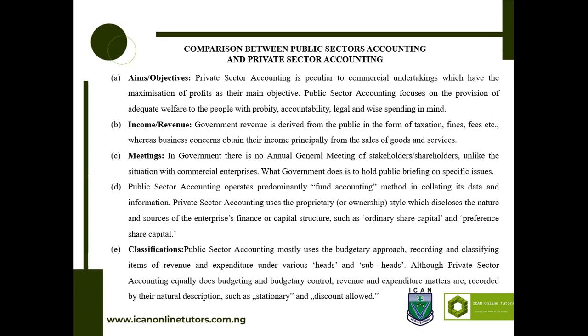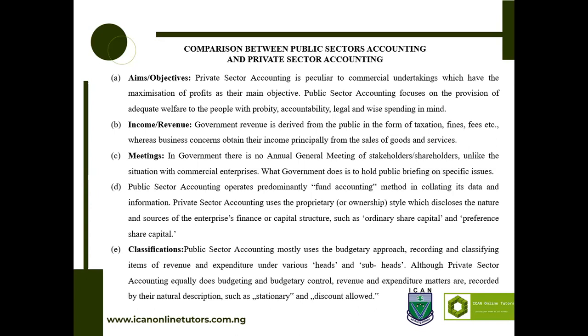But the classes in the private sector will be different from those of the public sector, because the public sector makes use of heads and sub-heads, while samples of classification under the private sector may include descriptions like stationery, transportation, subscription on data, and discounts allowed, and so on.